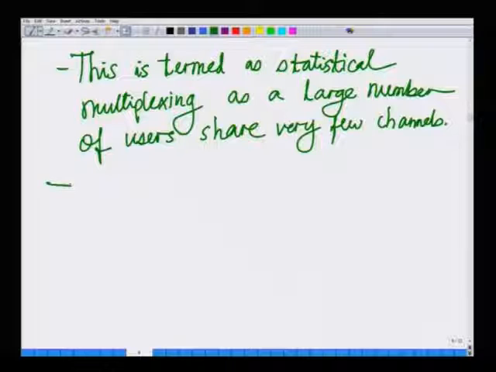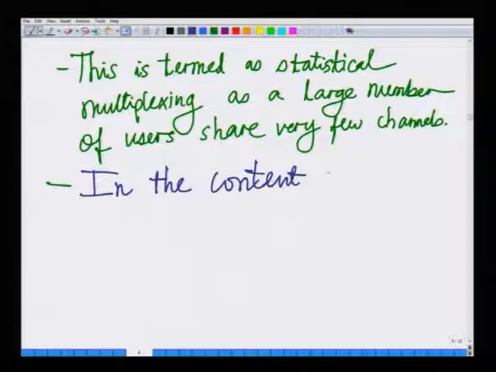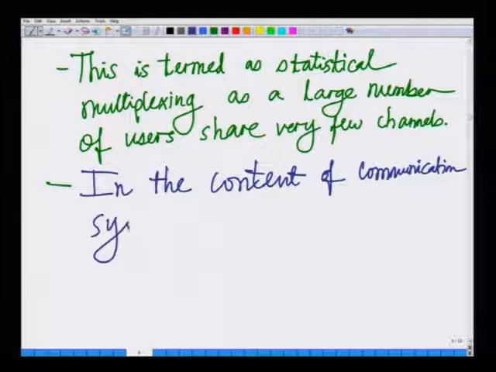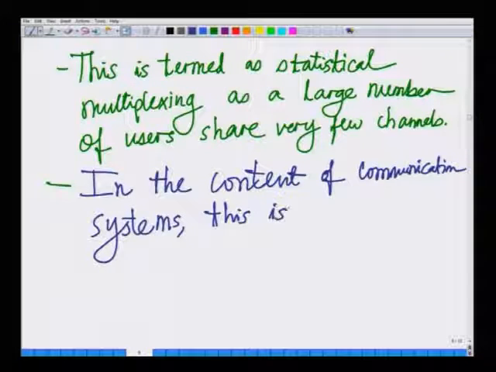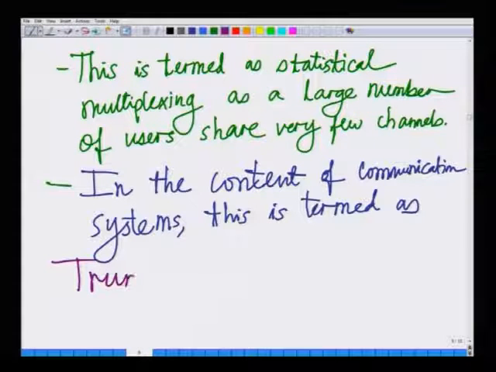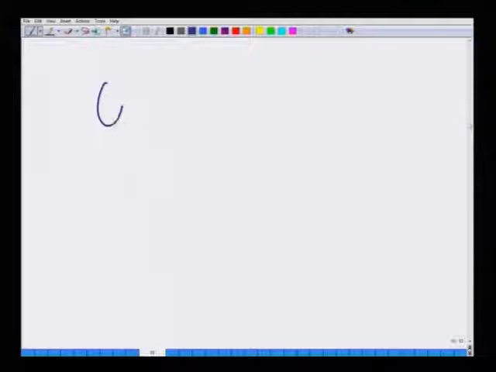So in the context of communication systems, this is termed as trunking. And how does trunking work in a cellular system, which is our concern?